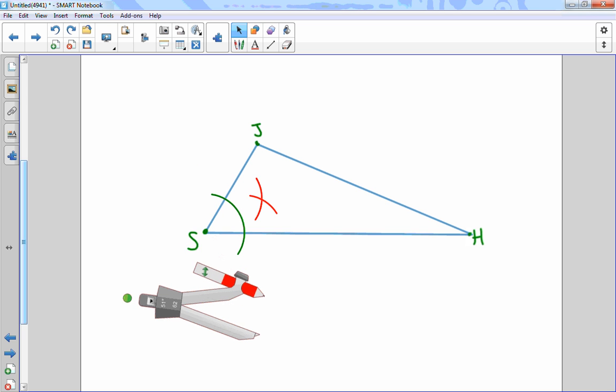Like so. When you're ready, grab your ruler and very precisely connect S to that intersection.